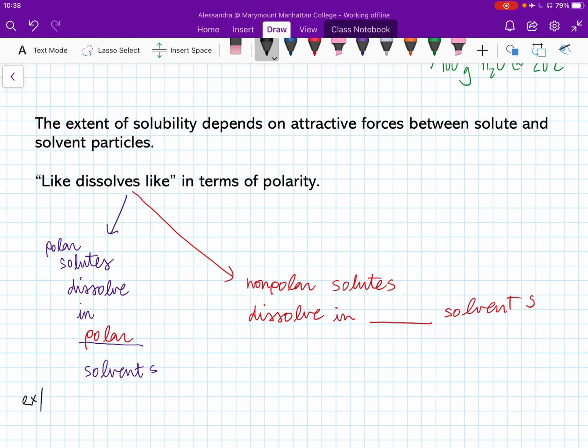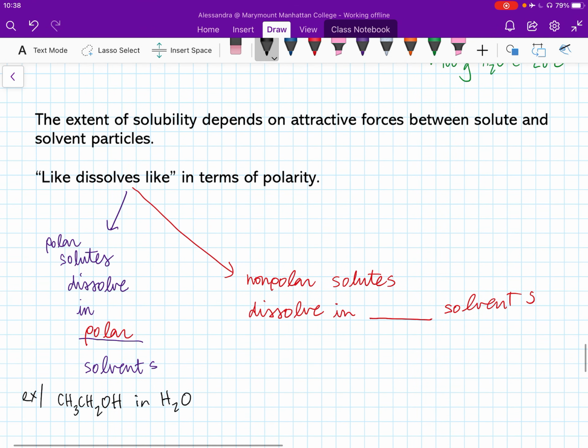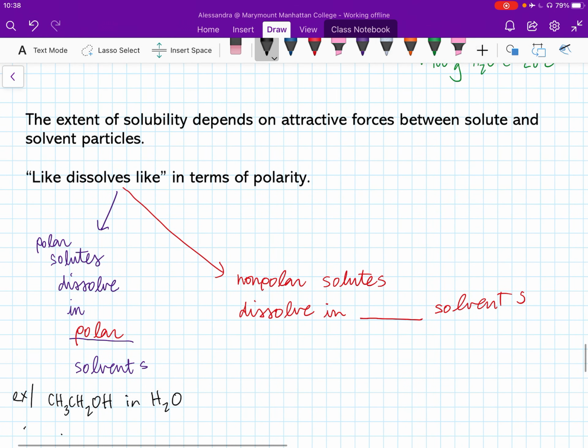For example, ethanol, CH3CH2OH, dissolves in water very easily. Both of these compounds are polar. Both of them are capable of forming hydrogen bonds. Like dissolves like, ethanol will dissolve in water. Also, we can say salts will dissolve in water. So another example here would be sodium chloride, which we know is highly soluble in water.